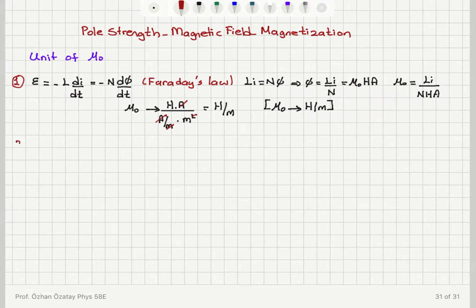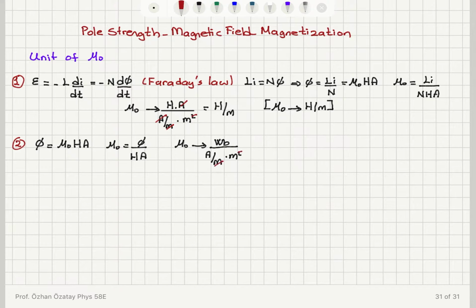Now, a second approach, if you look at the flux, which is mu0 times H times A, mu0 is the flux divided by magnetic field times the area A. So this tells us that mu0 has the unit of flux, Webers, divided by the SI unit of magnetic field, ampere per meter, times meter square.